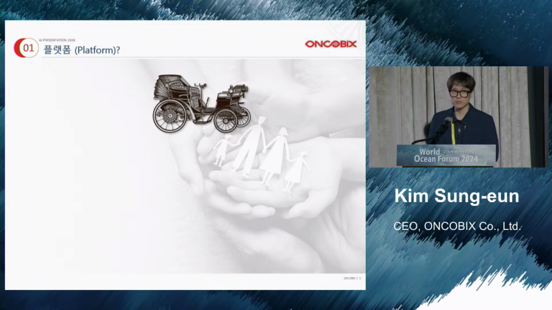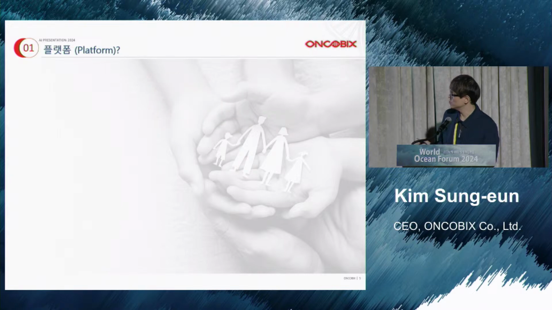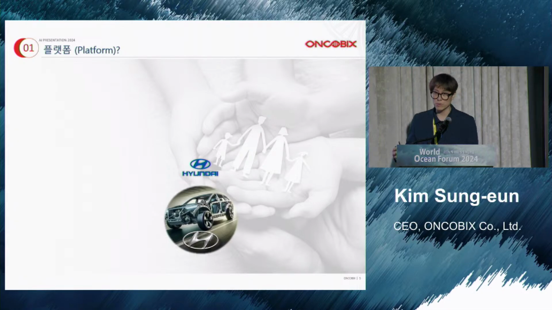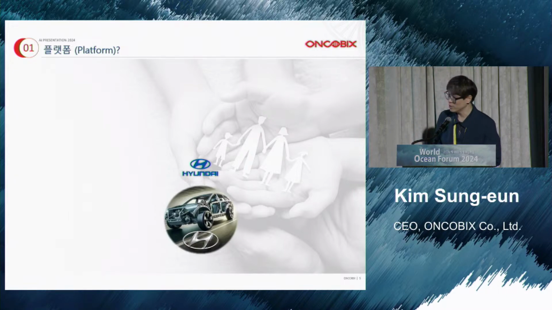And we have AI and we have a platform. And what does a platform mean? We thought about this. In the early 1900s, we had a new platform, which is the automobile. And in the case of Hyundai Motor, they have a great platform. So a platform could evolve and is changed over time.